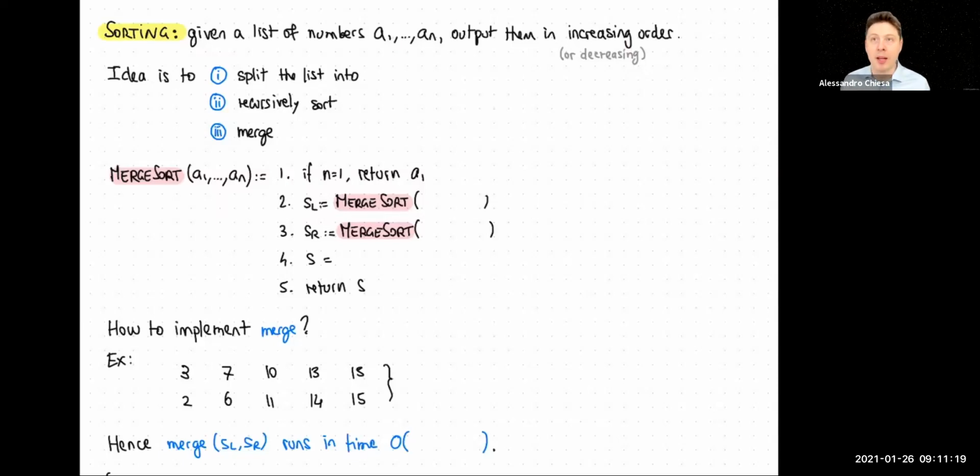There are like a million sorting algorithms out there that you may have seen. Today we want to specifically talk about one that arises through the thinking of divide and conquer, and specifically an algorithm known as merge sort. The intuition for merge sort is actually pretty straightforward.